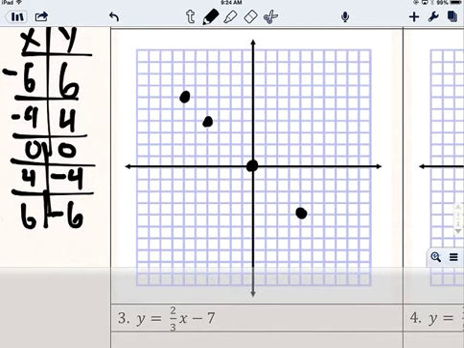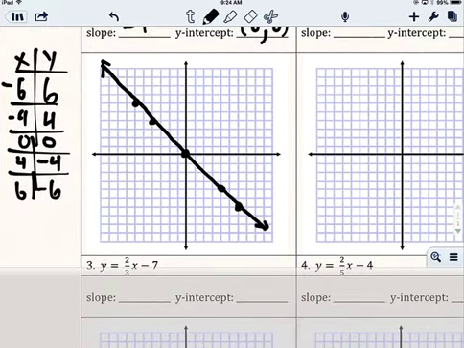And then (6, negative 6) is 6 to the right, and then 6 down. They should make a nice linear pattern. Since this is an open function, I'm going to go ahead and try to draw a nice straight line through there. And so there's the first one down.